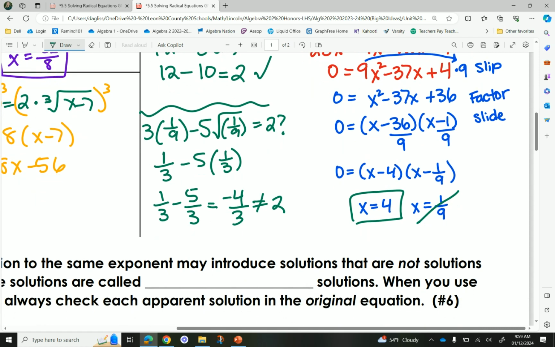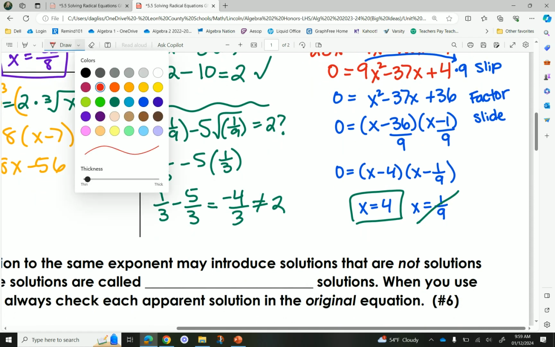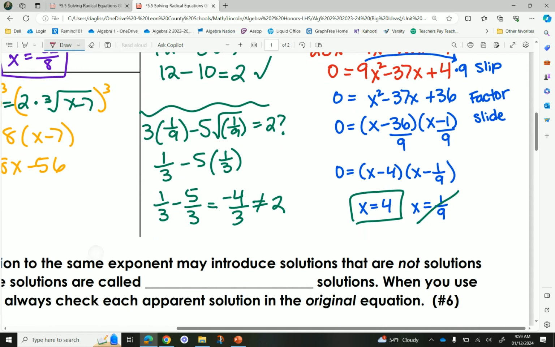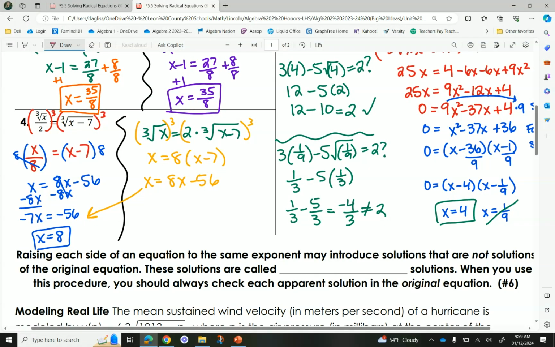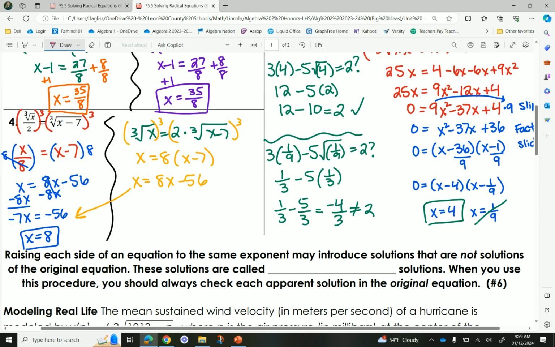This has a special name. It's a special kind of solution. Raising each side of an equation to the same exponent may introduce solutions that are not solutions of the original equation. These solutions are called extraneous. I know, fancy. They're called extraneous solutions.